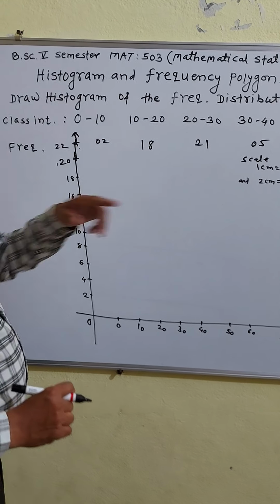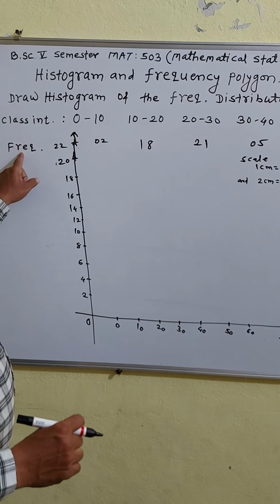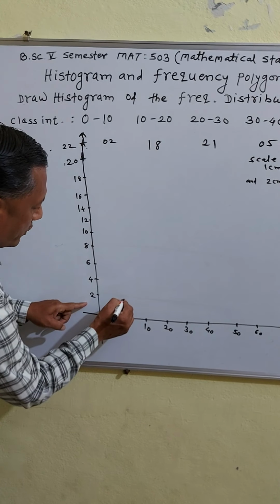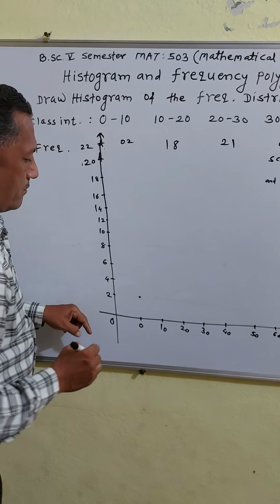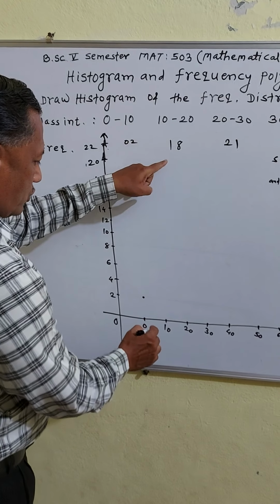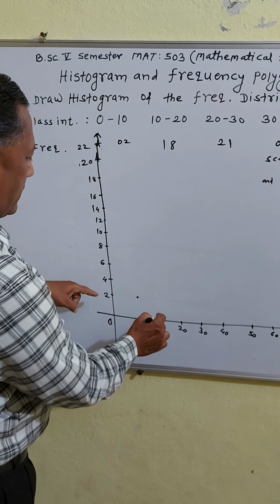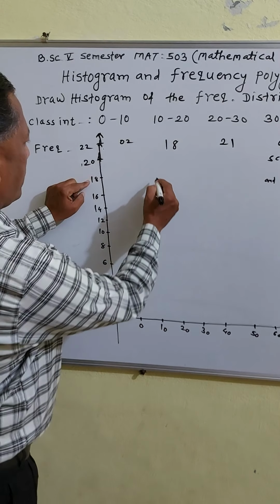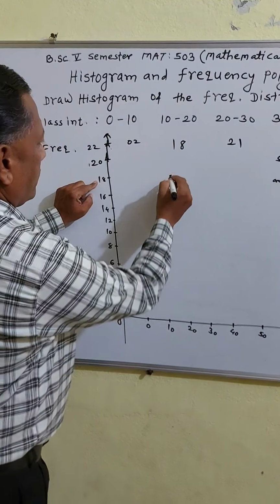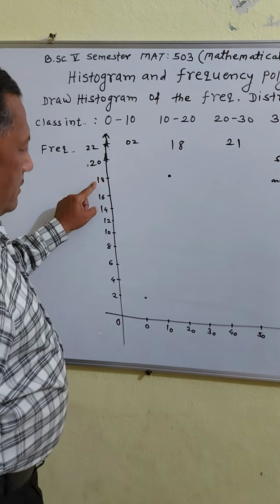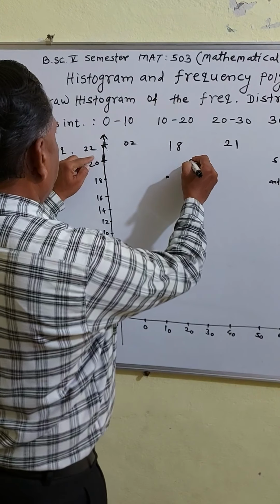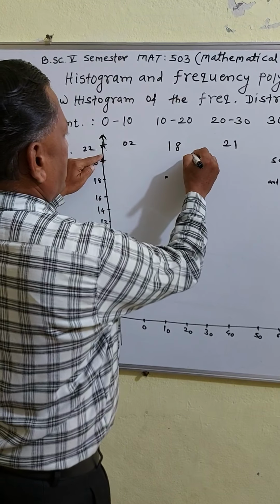Then the frequency of the first class interval 0 to 10 is 2. So you take 2 here as a point. Then the frequency of class interval 10 to 20 is 18. You take this point here. Then 20 to 30 is 21, so here.